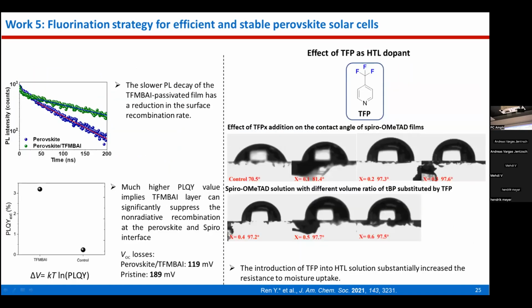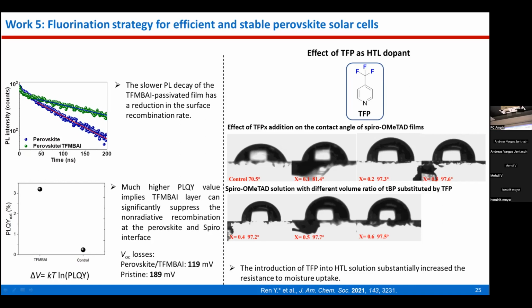Then further, we conducted TRPL to reveal the mechanism. You can see that with the passivator, the slower decay indicates a reduction of surface charge recombination. We further used PLQY.